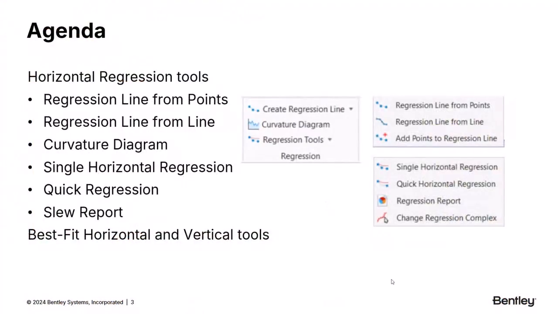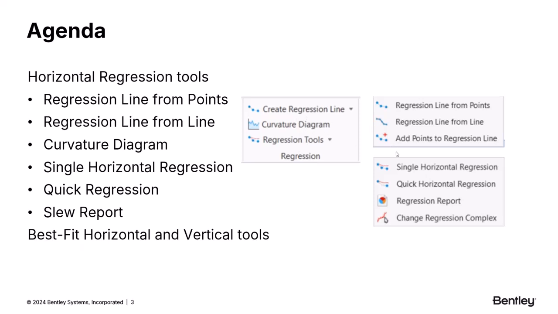I want to focus on the horizontal regression tools inside of OpenRoads Designer. Back in 2022, the 10.12 release, we took the horizontal regression tools from OpenRail and added them to OpenRoads Designer. So I'm going to focus on every one of these tools.